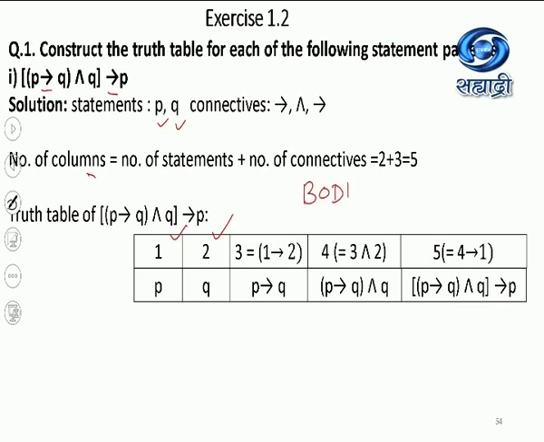The same kind of BODMAS rule applies here: you have to first simplify inside the bracket and then go outside, and we start from the left side. From the left side we have a square bracket in which we have a round bracket, and inside the round bracket we have P implies Q. So that will be our third column.